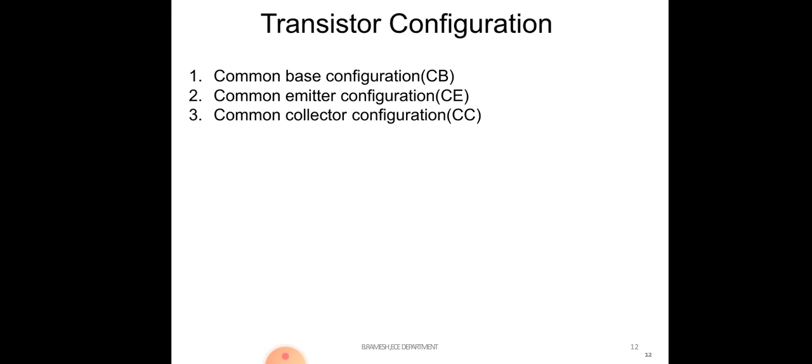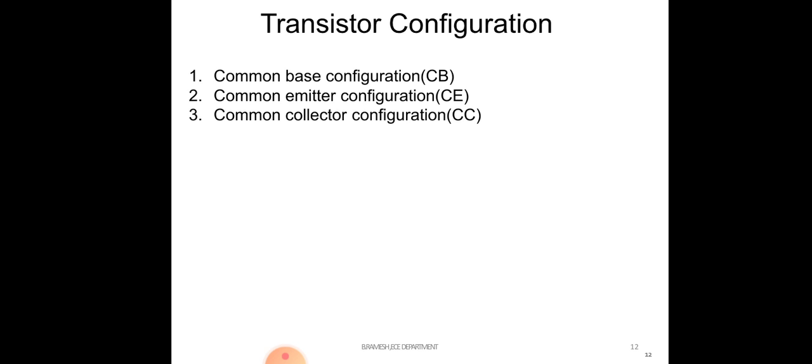Transistor configuration. Based on the transistor terminals, we can make different kinds of configurations. If the base terminal is common for input and output, that is called a common base configuration.